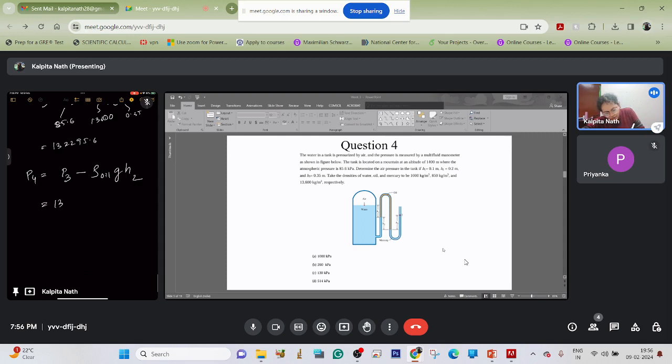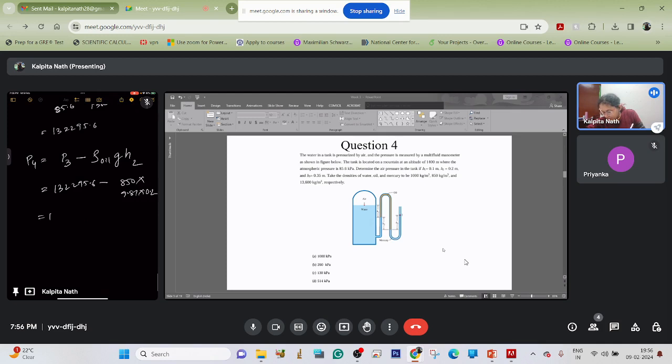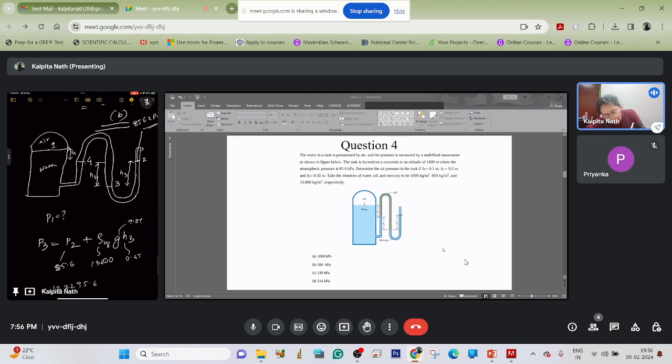So this is 132295.6 minus density of oil. What is density of oil? 850 into 9.81 into 0.2. So it will come 130627.9.